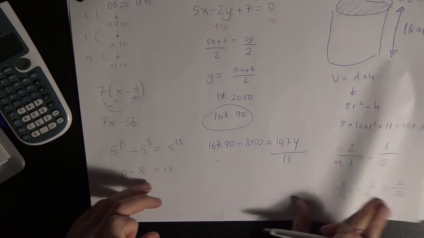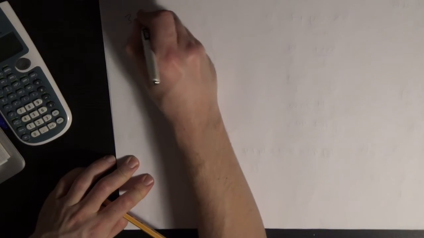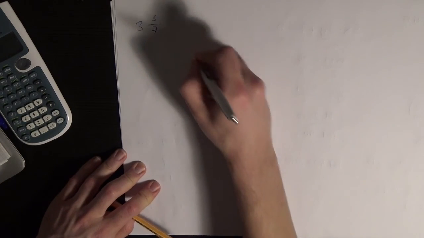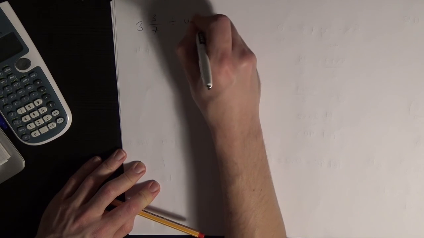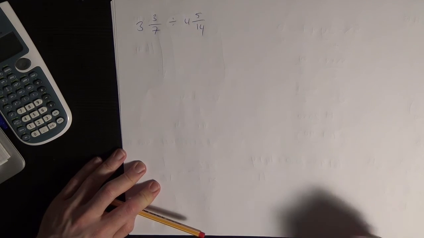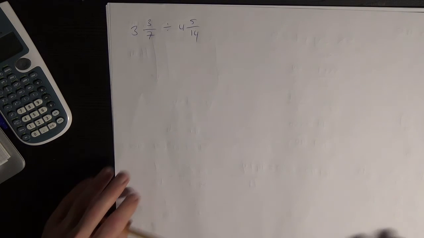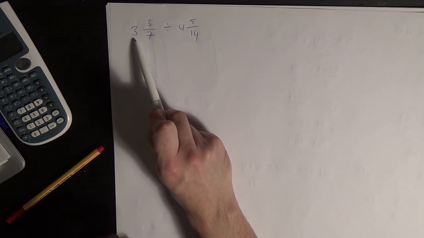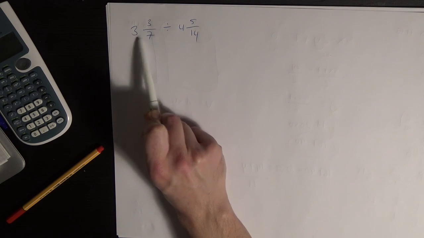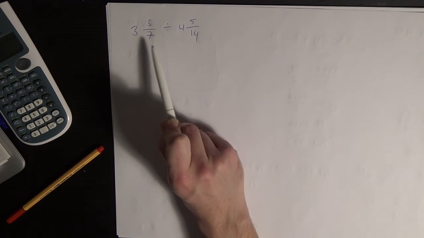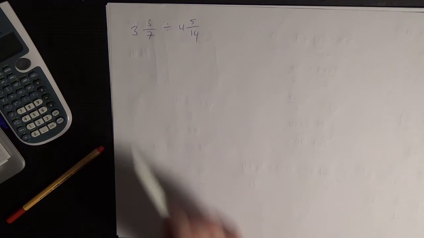Next one, last one, is a bit more complicated. I'll show you. 3 and 3 over 7 divided by 4 and 5 over 14. Here, while dividing, I need to be careful because when whole numbers are involved, I don't turn it upside down right away because it gets me to make mistakes.